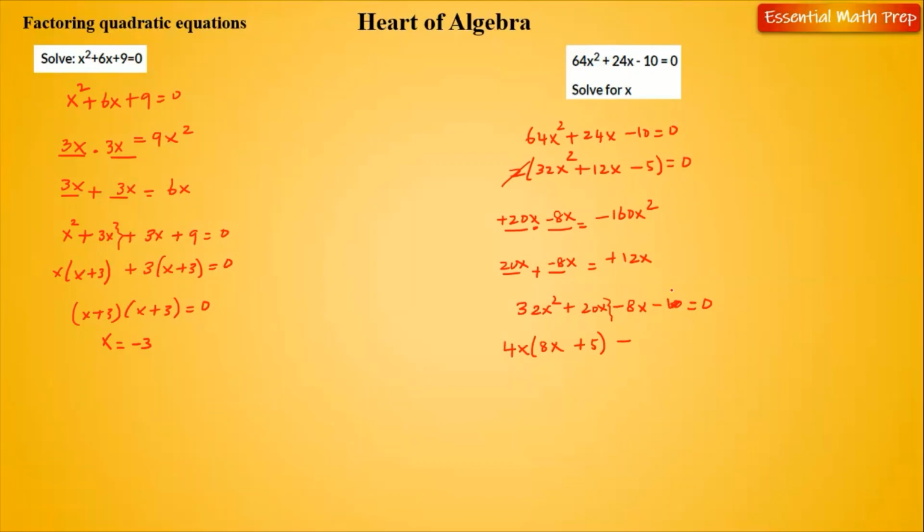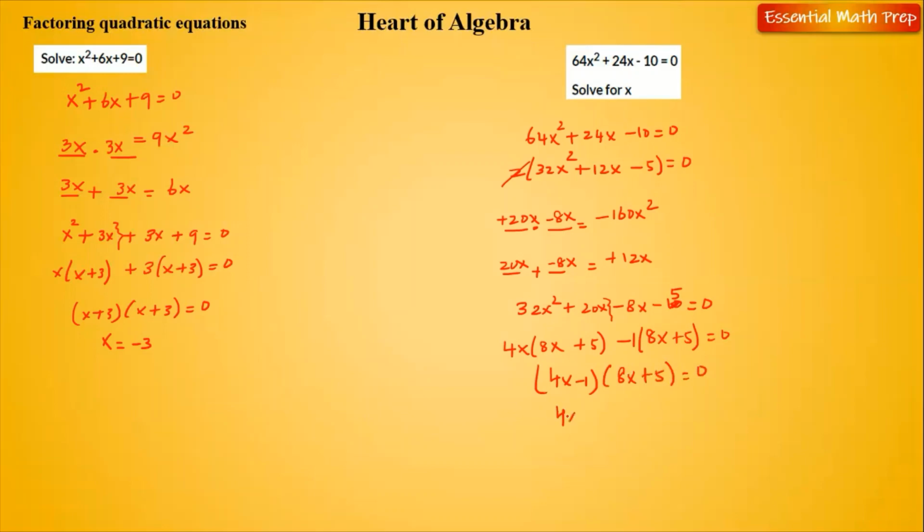Sorry, this would be 5, because we changed it here. It's no longer 10. So if we take negative 1 out of the bracket, then we get 8x plus 5 equals 0. So if we combine the two terms, it's 4x minus 1 times 8x plus 5 equals 0.